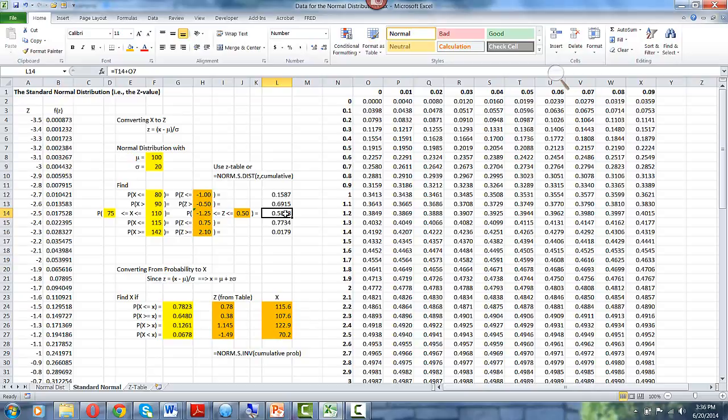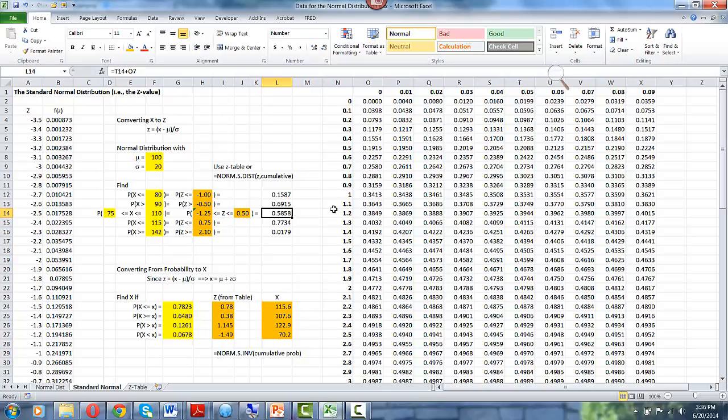Now I've got two values. What's the probability x is between 75 and 110? So standardize both values. 75 standardizes to a minus 1.25, and 110 standardizes to a positive 0.5.